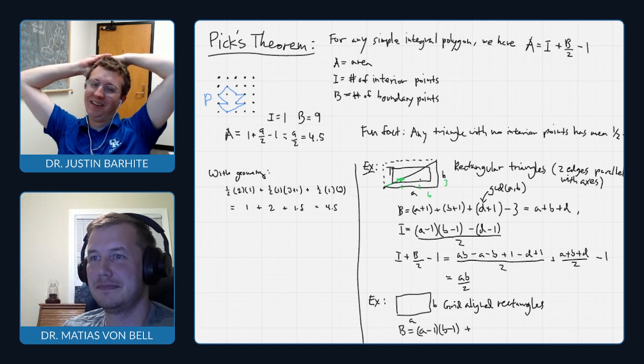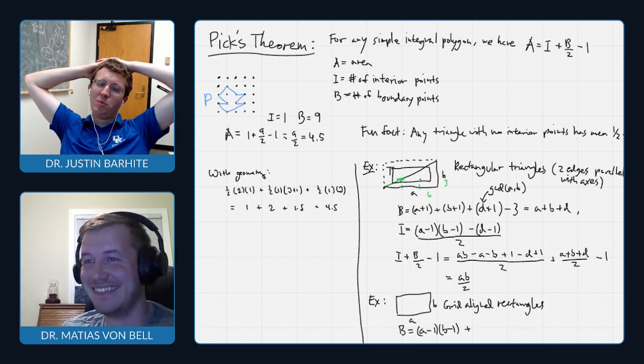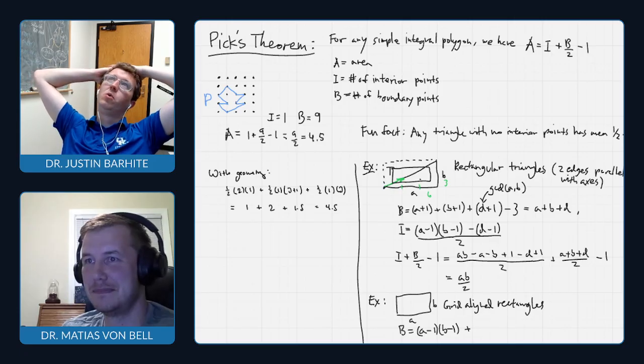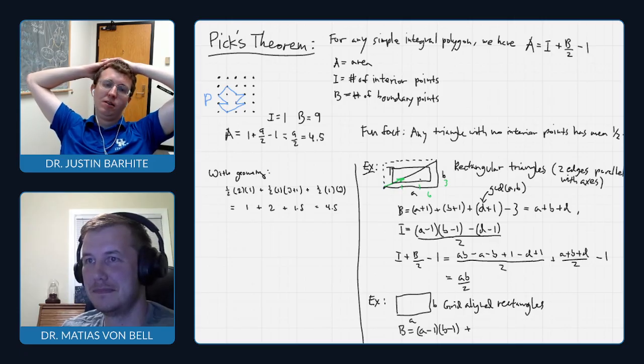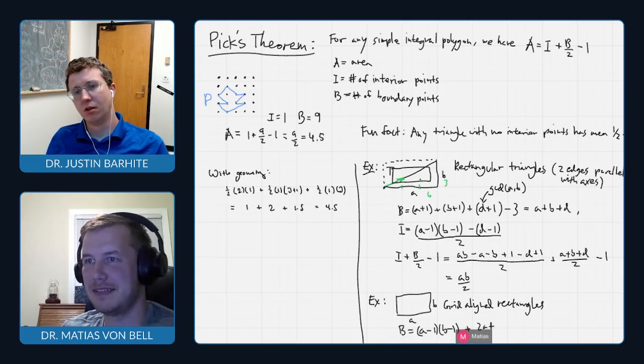So the number of boundary points is going to be a plus 1 plus a plus 1 plus b plus 1 plus b plus 1 minus 4. So 2a plus 2b, of course, it's the perimeter. Exactly. And then divide by 2, minus 1.